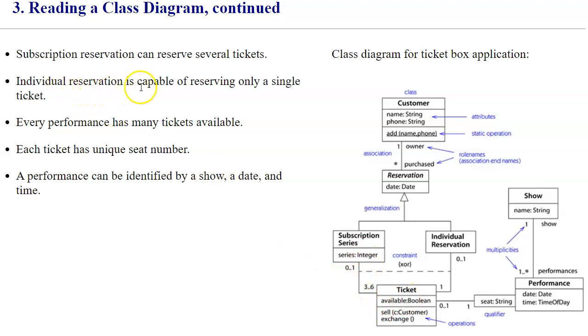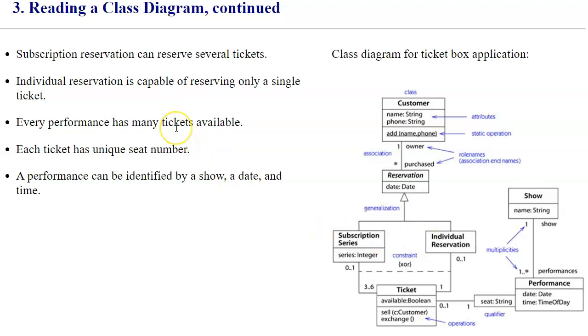Individual reservation is capable of reserving only a single ticket. Right here again is demonstrated by having an individual reservation in relationship with the ticket, and we have some multiplicity indicators showing us that it's optional, but the maximum number of tickets per individual reservation is just 1.